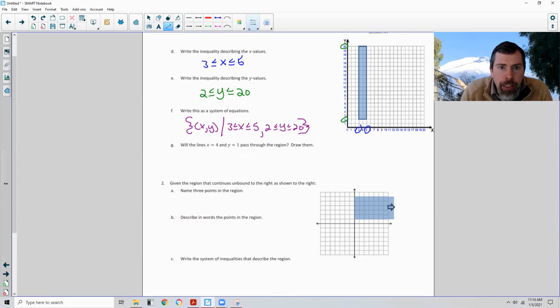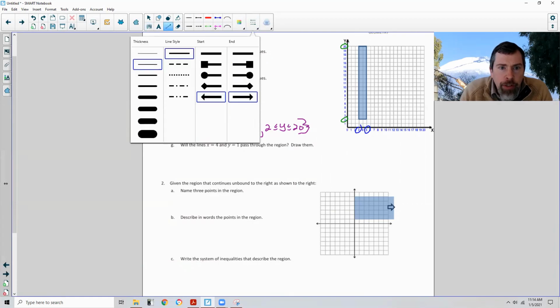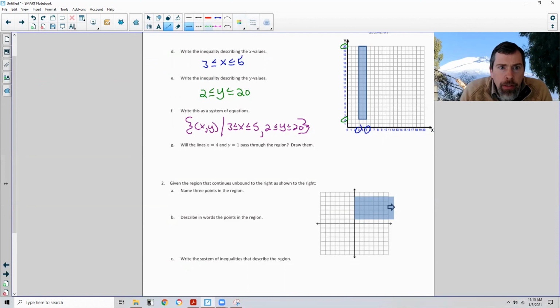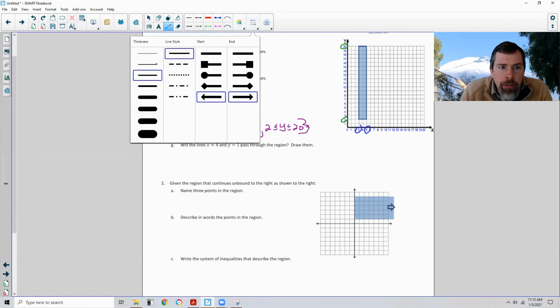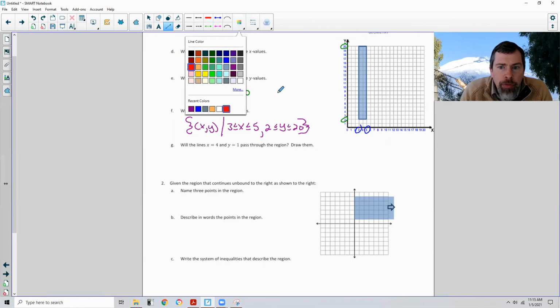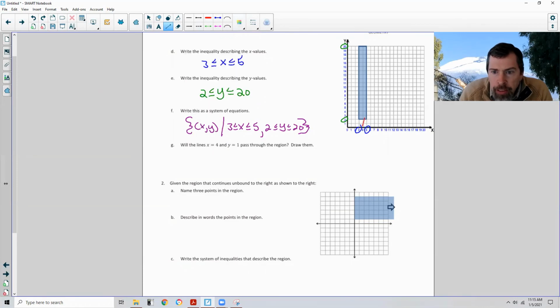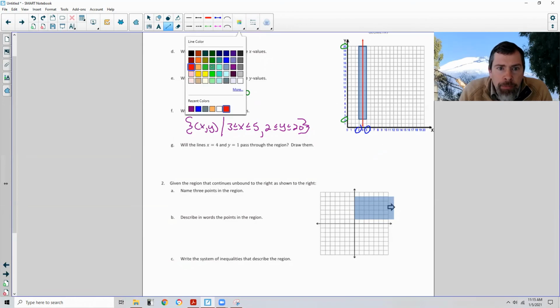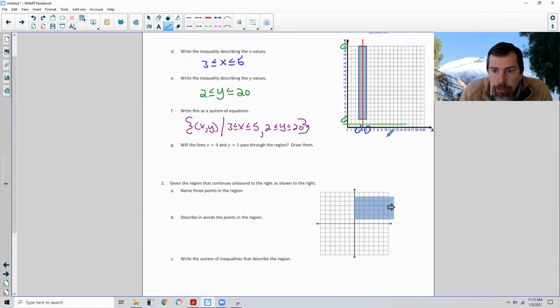So if I drew a line x equals 4, let's do it in this thickness, and how about red? And x equals 4 is going to be a line right on the x equals 4, like so. And the y equals 1 is going to be right here.